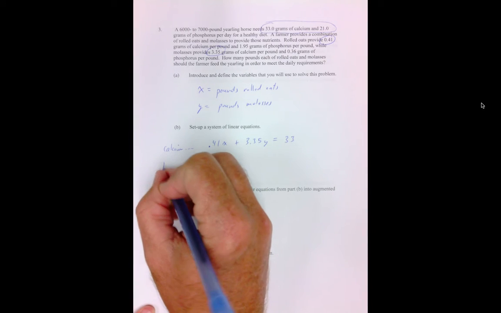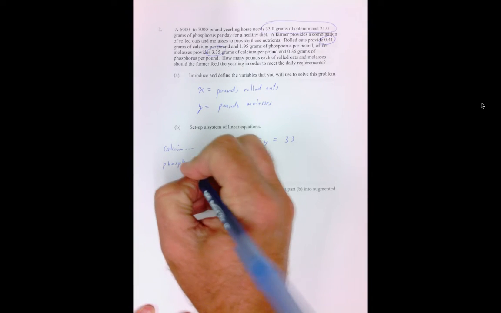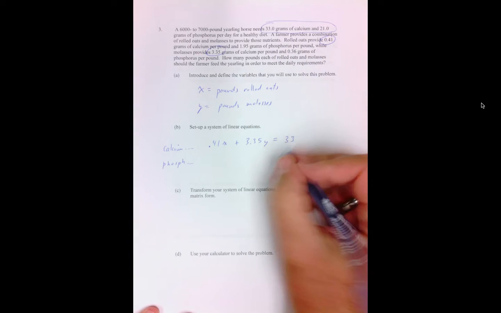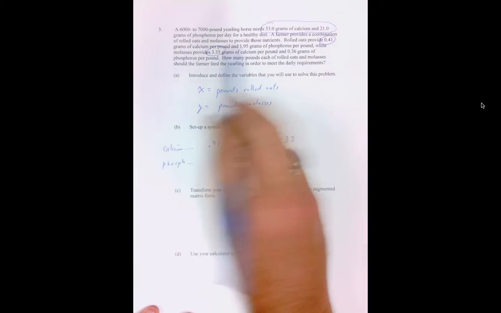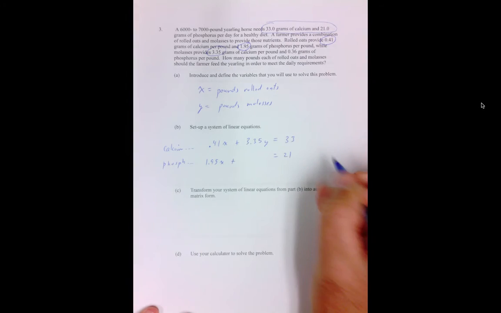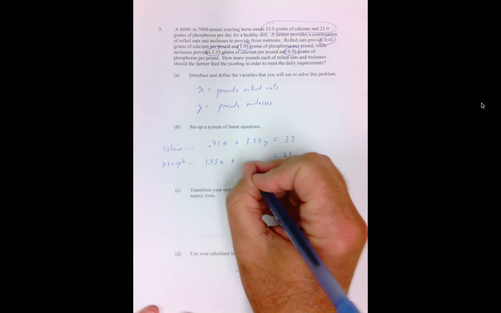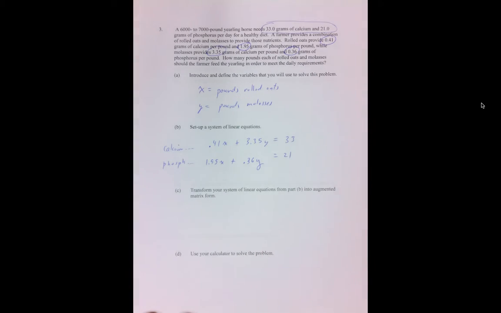Next thing I'm going to do is concentrate on the phosphorus. We need 21. We're going to get that from the 1.95 from the rolled oats and the 0.36 from the molasses.